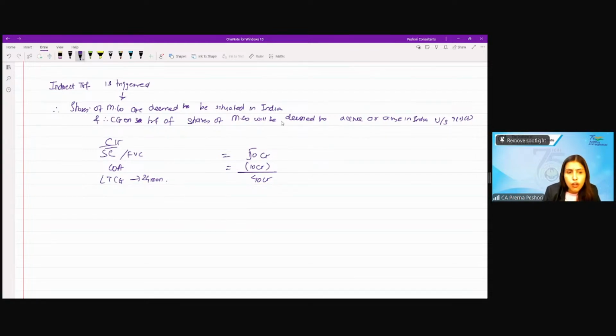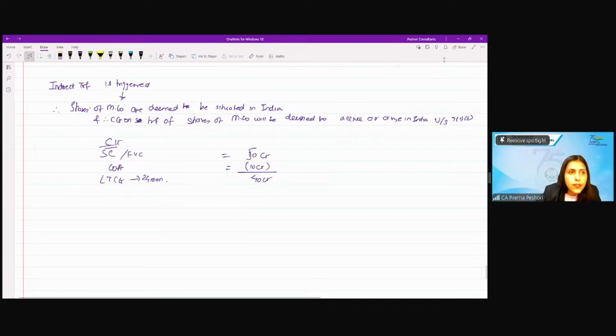So the rules to this section, precisely, Rule 11UC, says that only the amount attributable to India will be deemed to accrue or arise in India.